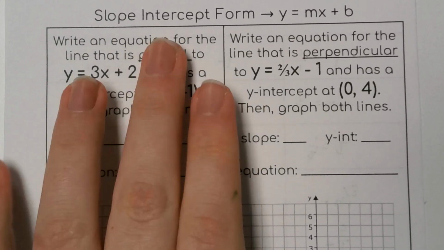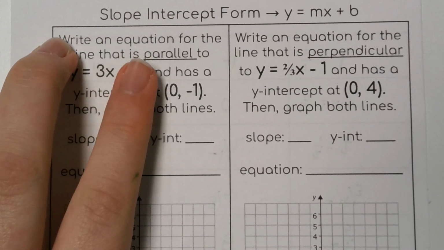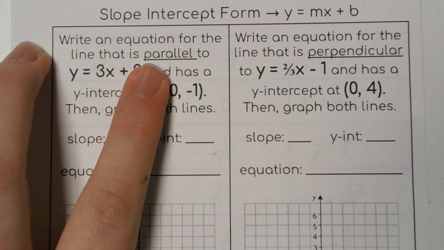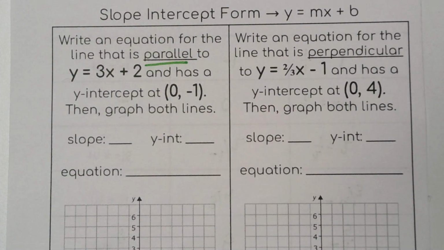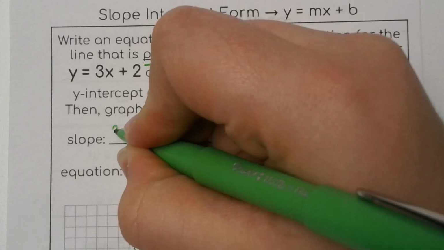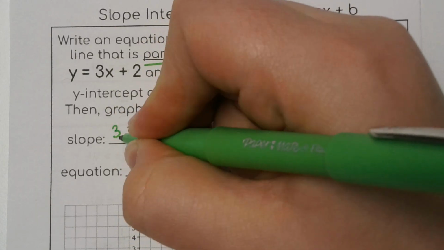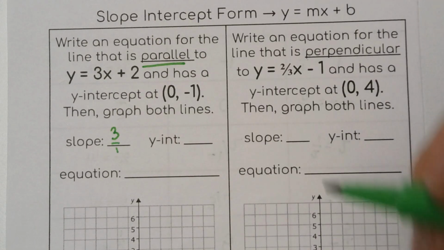So our slope-intercept form is y equals mx plus b. It says write an equation for the line that is parallel. Parallel, remember, means the same slope. So since our slope is 3 here, our slope is going to remain as 3, or if you want to write it over 1, that works too.